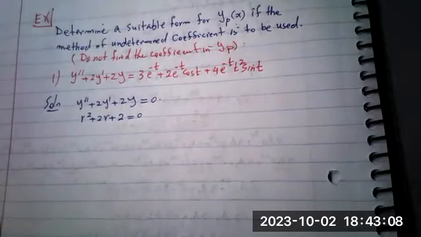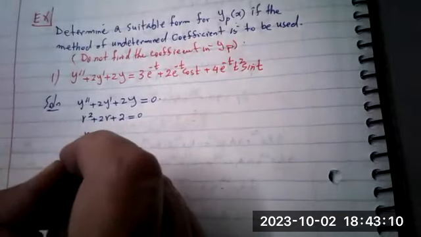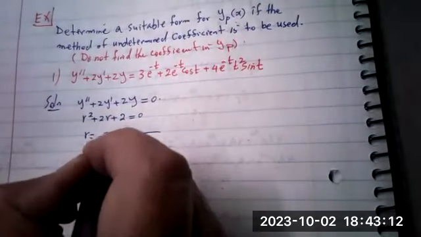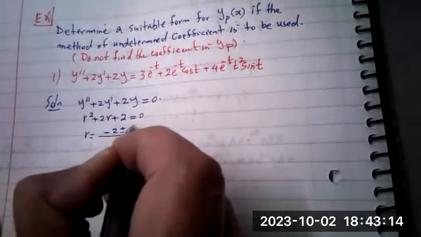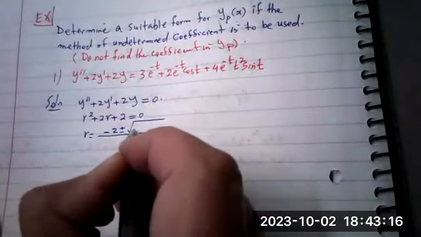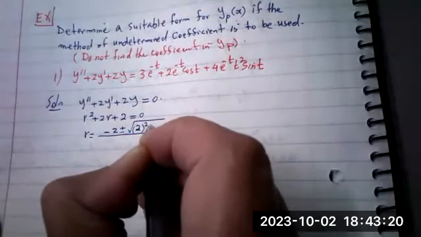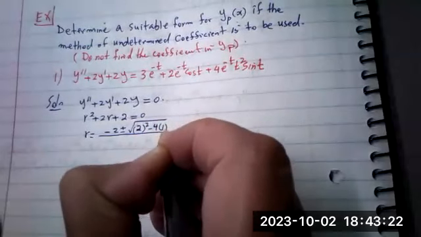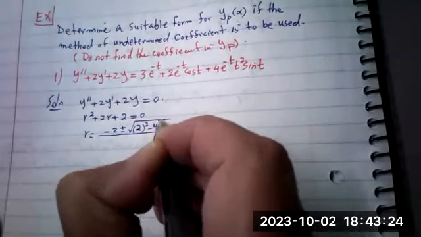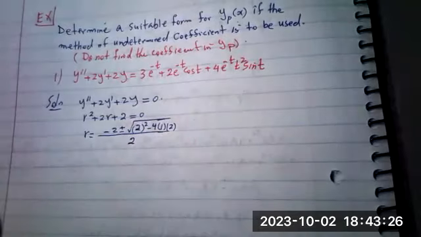Use the quadratic formula. So r is equal to negative 2 plus or minus the square root of negative 2 squared, b squared minus 4ac, 4 times 1 times 2, divided by 2a, which is going to be 2.